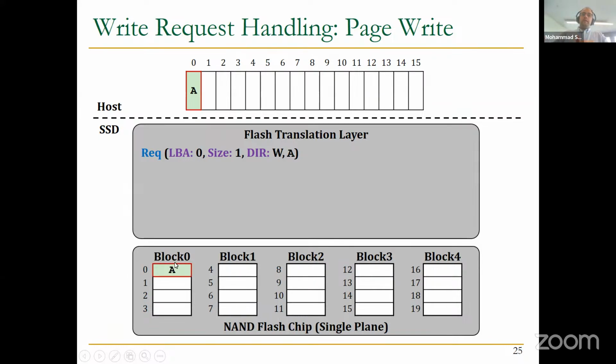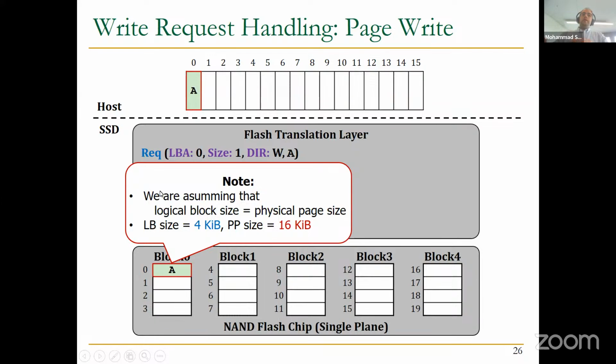So the firmware will give us the first available physical page in block 0, and we just program data A in that page. Here we are assuming that logical block size equals physical page size, which is actually not the case in many modern SSDs, but we're going to see in later lectures how we can handle this I/O mismatch. But for simplicity here, we consider that logical block size equals physical page size.